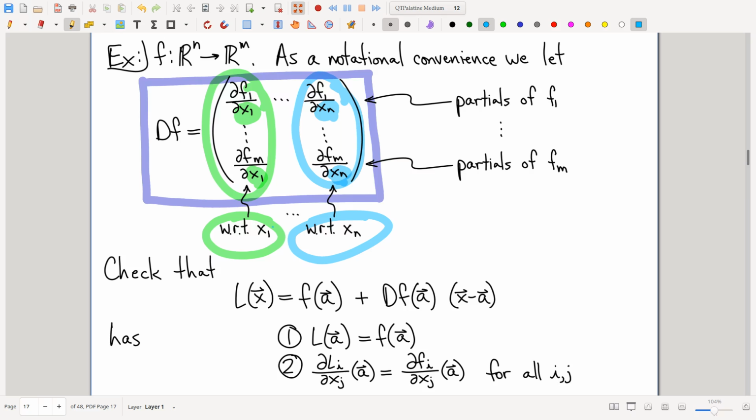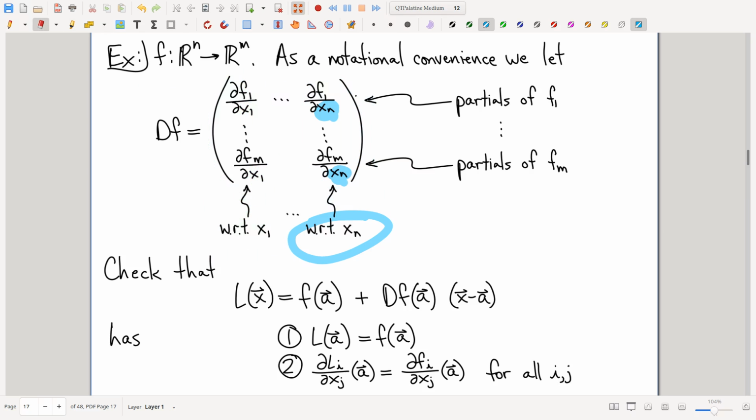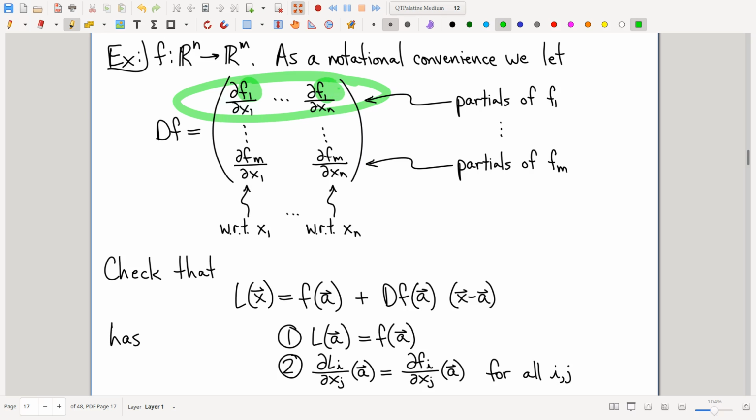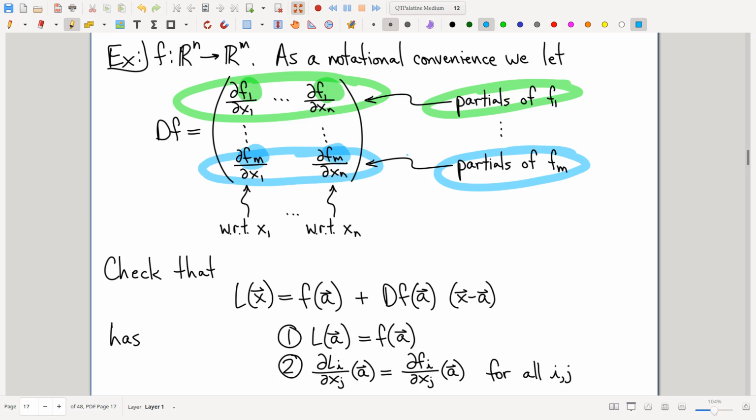Okay, then you also notice, and it just has to be pointed out, that the rows, let's look at that first row, every entry in this row is a partial of the first output coordinate, f1. Et cetera, et cetera. The entire last row, the mth row, every entry is a partial of the mth output variable.